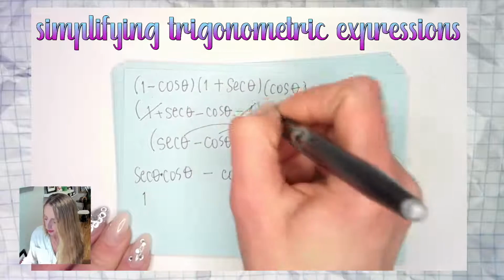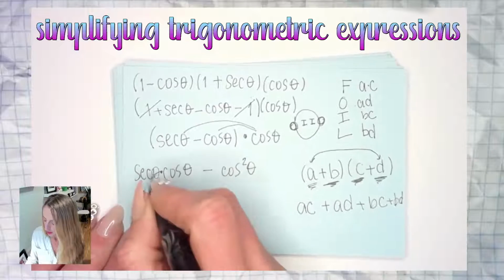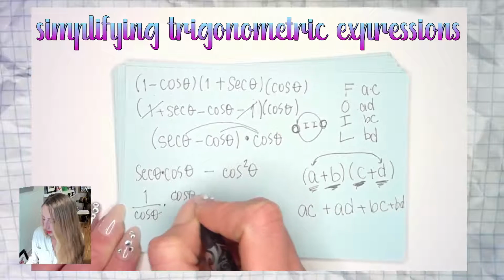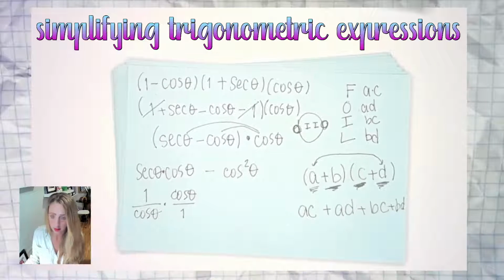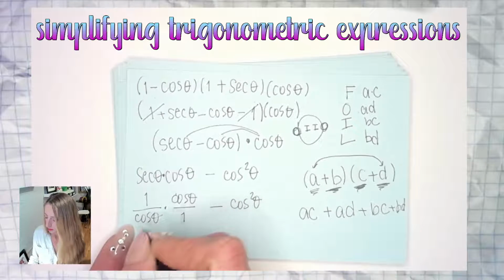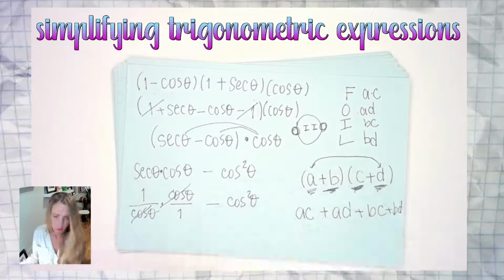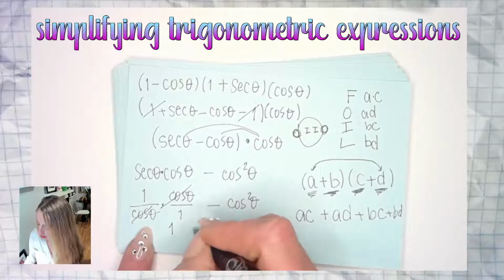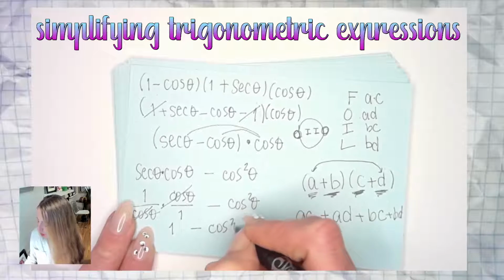As we explained up here, secant theta is 1 over cosine theta, times cosine theta, which is over 1, technically, minus cosine squared theta. You could take an extra step and write it cosine over cosine, but it's going to be 1 either way. 1 minus cosine squared theta.